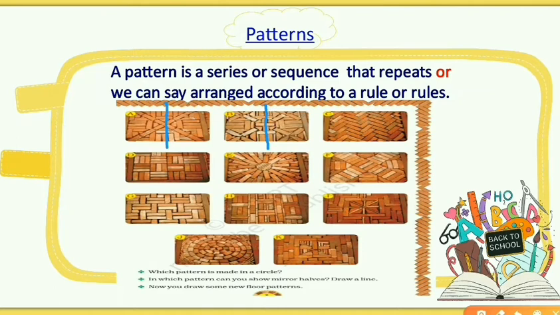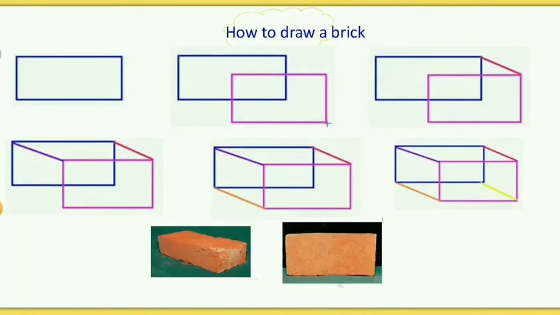Now we have seen what patterns are, and we have seen many kinds of patterns formed by different arrangements of bricks and stones. In the next question it is asked that you can draw some new flow patterns. You can think of any pattern and draw it in your rough notebook. Okay, let's continue.